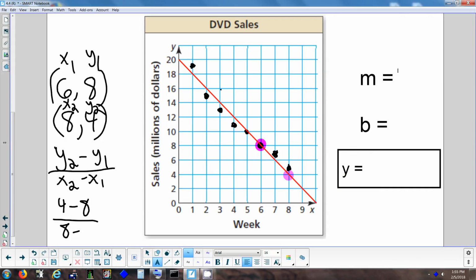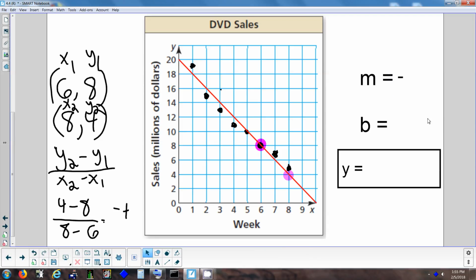And then my X1 is what? 6. Now, when I do the math and figure this out, what kind of a number should I get based on what the correlation shows us? Negative, right? It's a negative correlation, just like if I had a negative slope. When I figure out the number for the slope, it should be negative. Again, we just did this in our basic math. 4 minus 8?